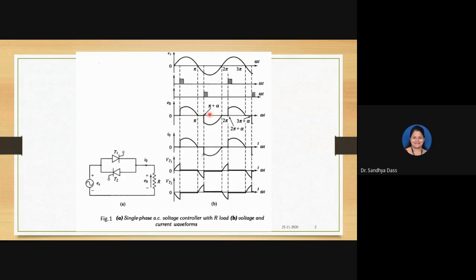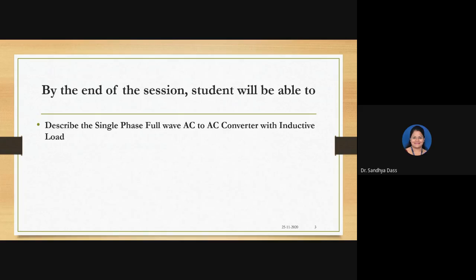These breaks indicate that no device, T1 nor T2, is conducting. That is this gap there. So this is the output because of T1, and this is the output because of T2 when it was fired, right? So today's session, we will be discussing single phase full wave AC to AC converter with inductive load.